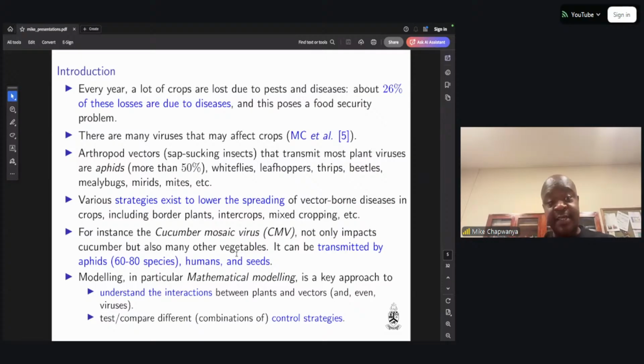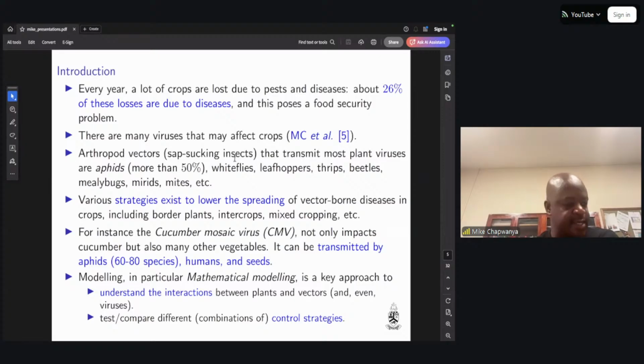I also mentioned that there are so many viruses that can affect crops, and the same can be said about the vectors. So vectors in this case, I'm talking about the whiteflies or the vectors that transmit the disease. There are so many, and each vector can transmit several other diseases.